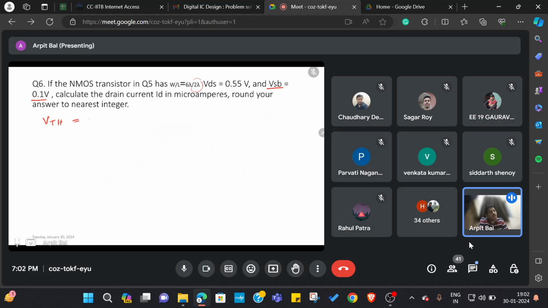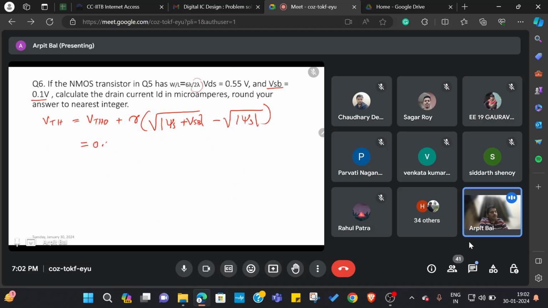So let us find out the threshold voltage first. VTH equals VTH0 plus gamma into square root of mod psi s plus VSB minus square root of mod psi s.